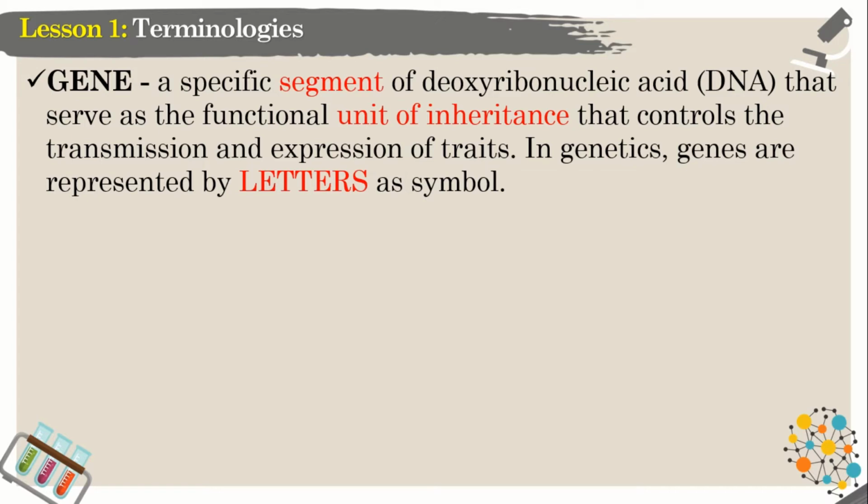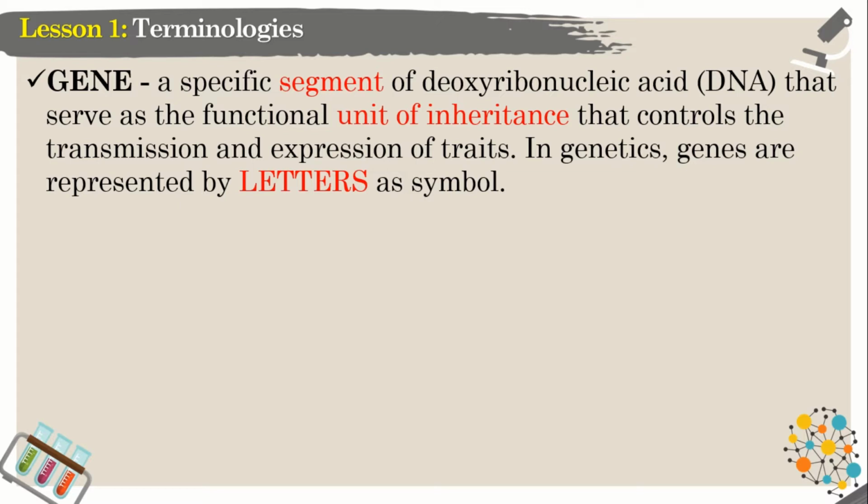Why? Because these genes are being passed on from your parents to you and to your offspring. This gene contains important information or code that is needed by the traits to be expressed.